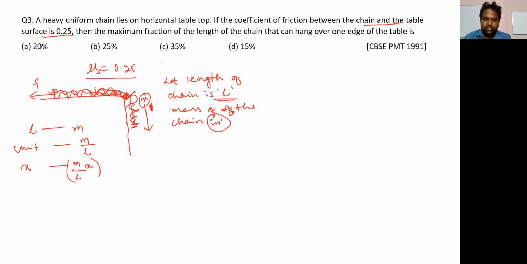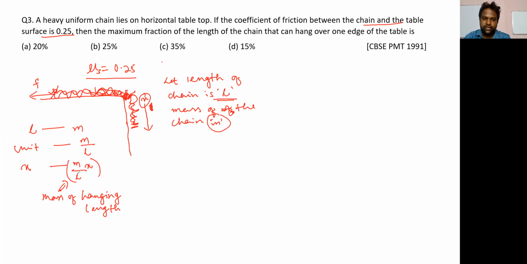So what is the mass of this hanging length? The mass of this hanging length is M by L into x. Now if the mass of the hanging length is this, what will be the remaining mass?